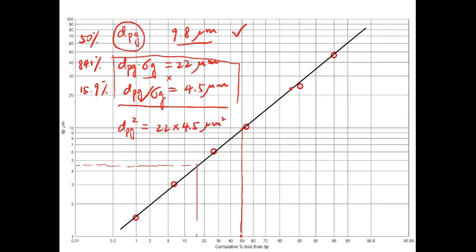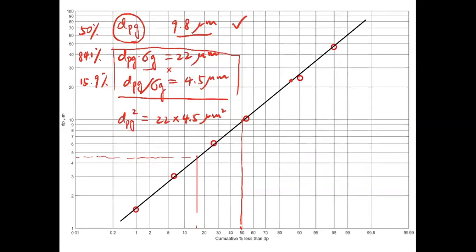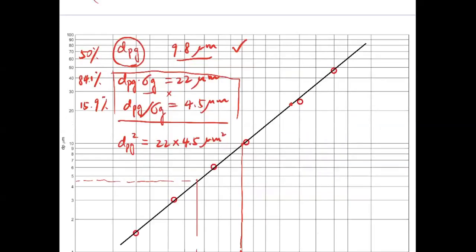Micrometer squared. We can take the square root of this equation and calculate what is DPG. It's highly likely that it's not going to have the same answer as this, right? But they're going to be close. So what you can do is calculate the DPG by averaging these two values, right?